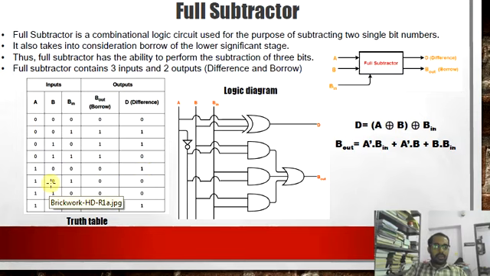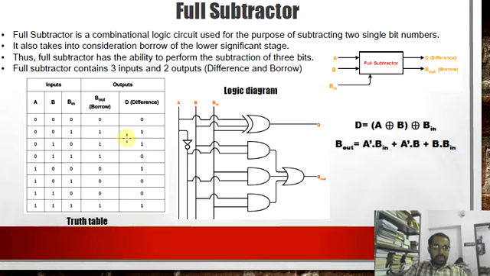Here 1 minus 0 is 1, minus 1, so the difference is 0, there is no borrow involved. Here 1 minus 1 is 0, 0 minus 0 is 0, so the difference is 0, there is no borrow. Here 1 minus 1 is 0, 0 minus 1 means we need a borrow, and 10 minus 1 is 1, difference is 1, borrow output is 1.